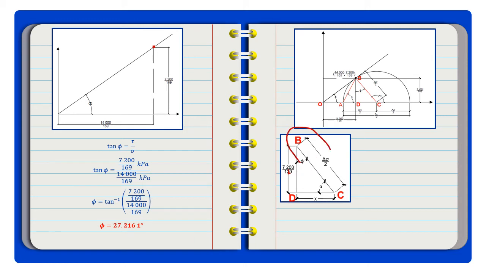Unahin natin yung hypotenuse niya, which is the radius of our circle, which is delta sigma over 2. So, from this one, we will be using the cosine function since yung given natin is the adjacent side of the angle. So, getting the cosine function, so cosine of phi is equal to the tau divided by delta sigma over 2.